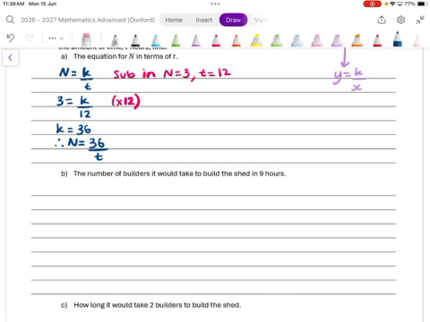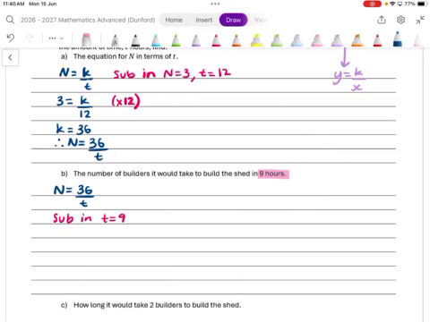Part B: the number of builders it would take to build a shed in 9 hours. We start off with n equals 36 on t. Now we're trying to find n, the number of builders. We have our shed in 9 hours, so we sub in t equals 9.